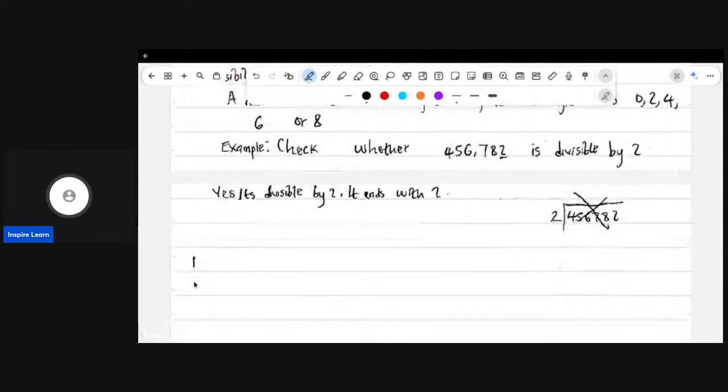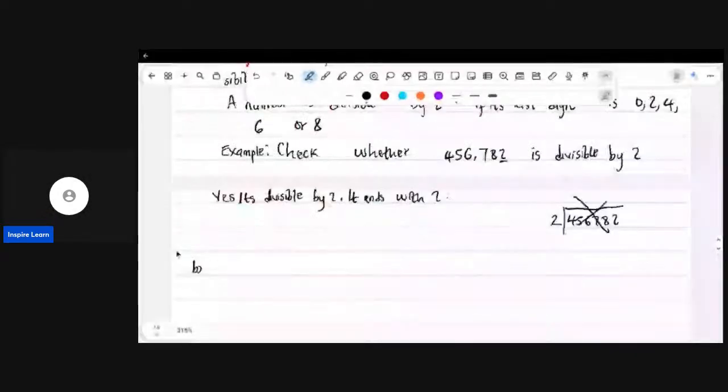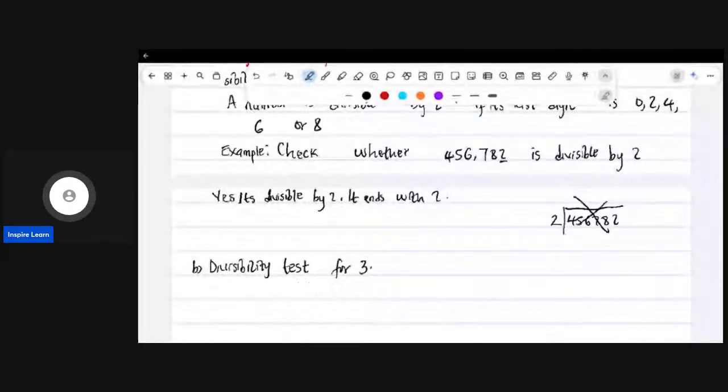So let's go to B, divisibility tests for 3. What does the rule for the divisibility test for 3 say?